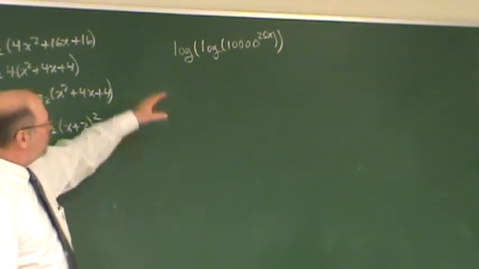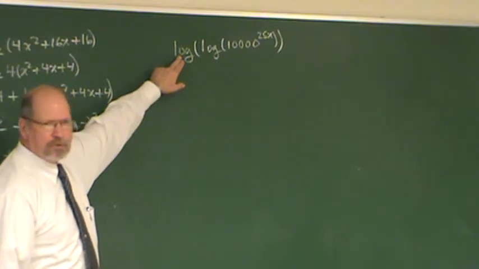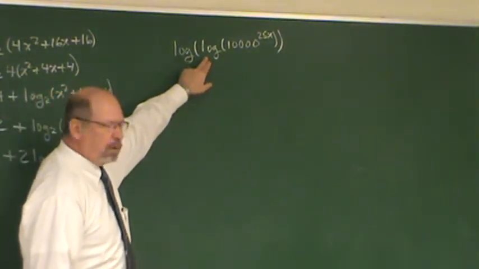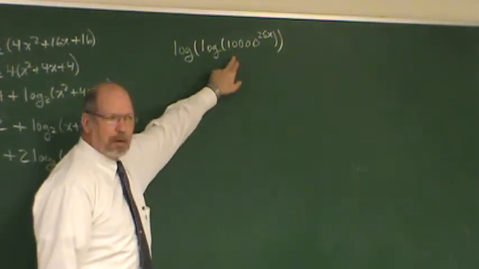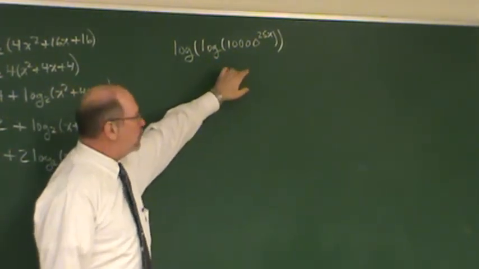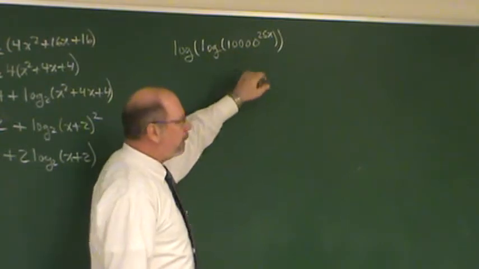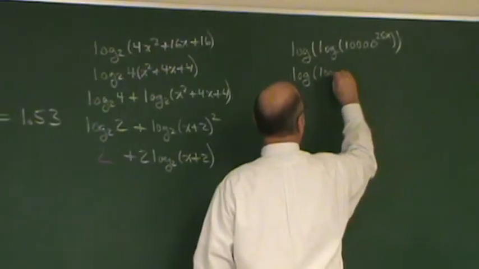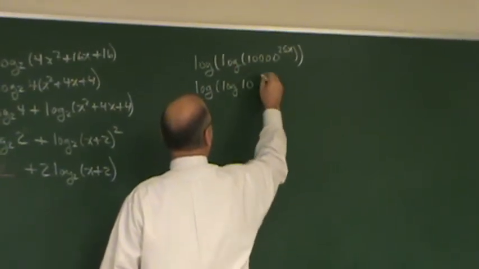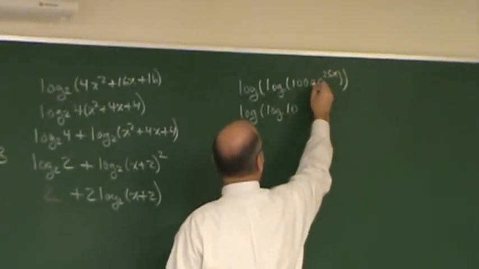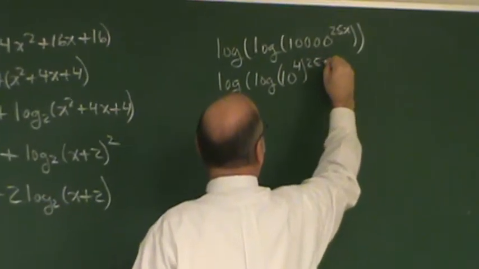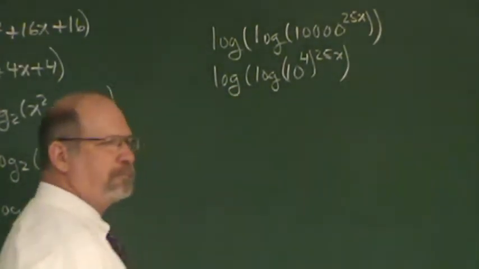Now, log, what's the base? 10. Okay? So we have log base 10 of 10 to some power, don't we? First thing I want to do is simplify this power. So I have the log of 10,000. I've got 1, 2, 3, 4 zeros, so it is 10 to the 4th, that's raised to the 25x.